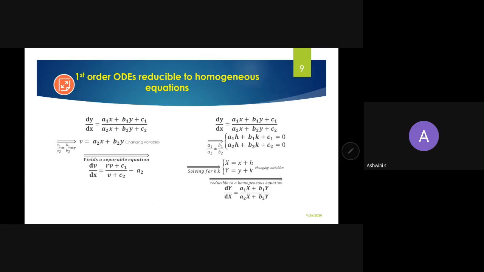The other one is that there are some ODEs that are reducible to homogeneous equations. Look at the left hand side. This slide has two parts. One is dy by dx is equal to a1x plus b1y plus c1 by a2x plus b2y plus c2. In such a case, there are two sub cases. One thing is that a1 by a2 is equal to b1 by b2 is equal to r.